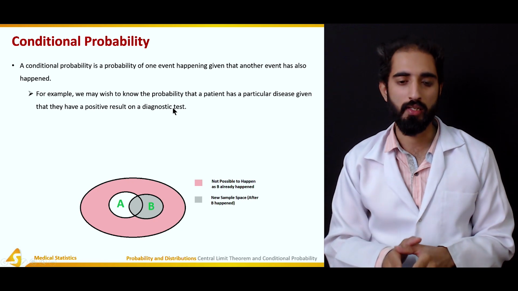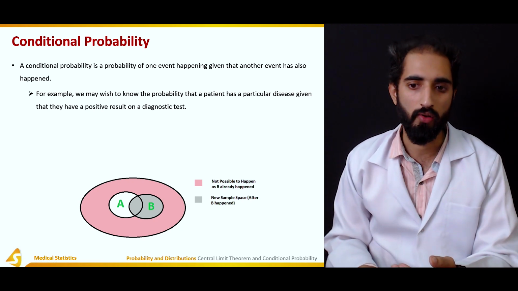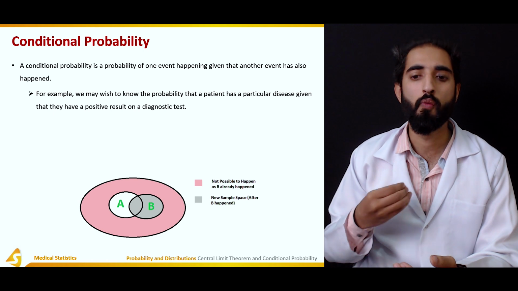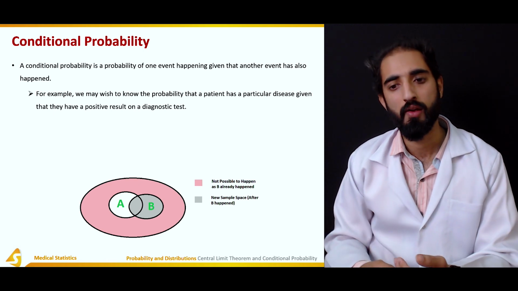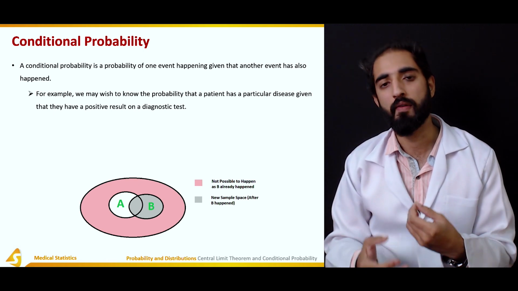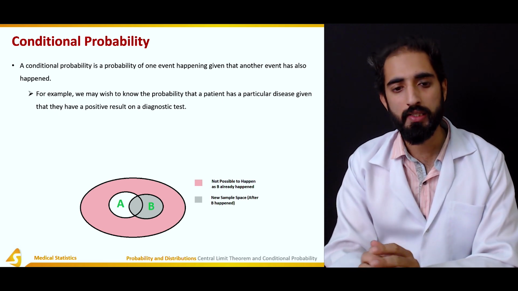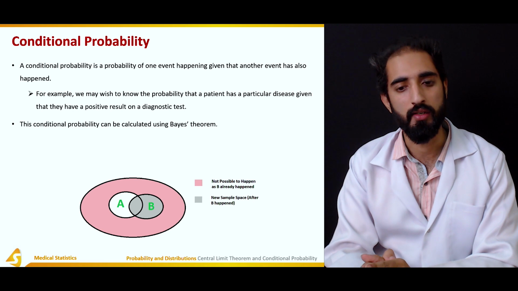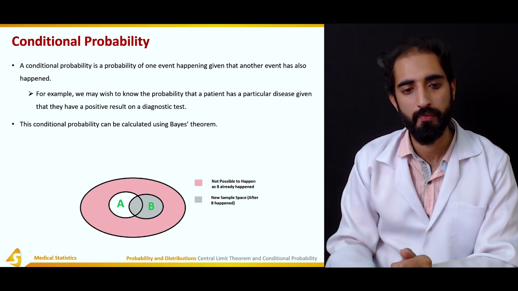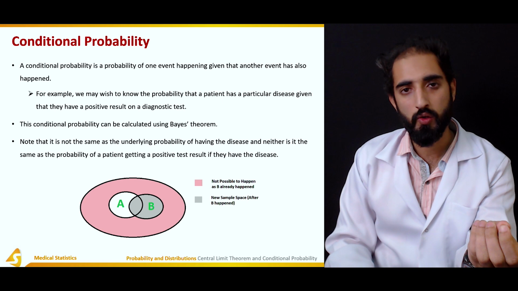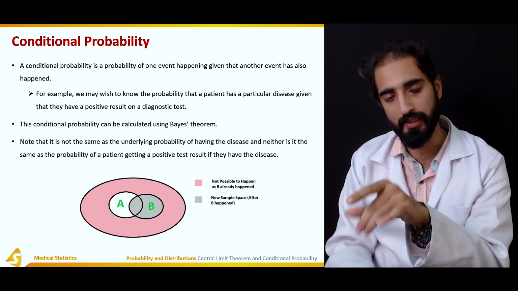Which means if a person had a positive result on a diagnostic test, then what would be the probability of that person having this disease? Now, this conditional probability can be calculated using Bayes' theorem. What is Bayes' theorem? We are going to take a look at that in the next slide.